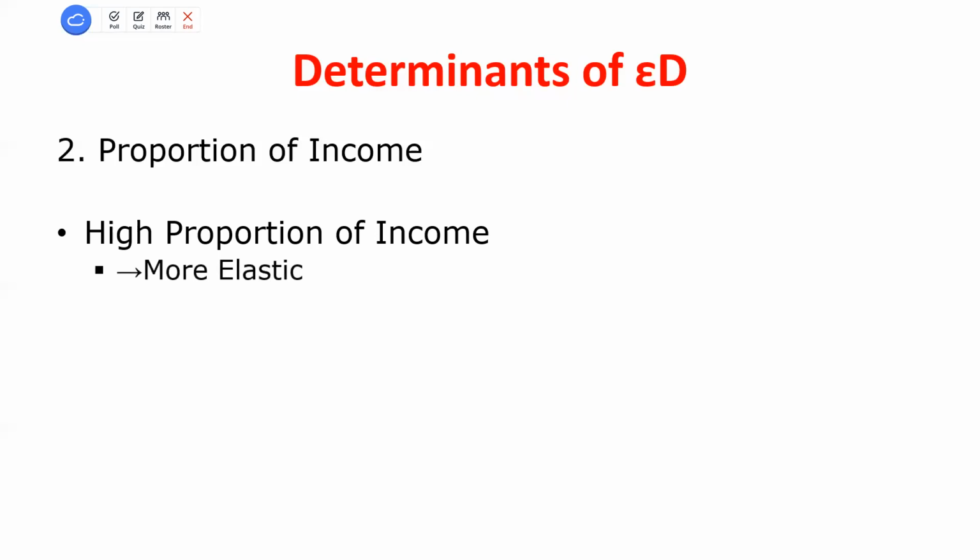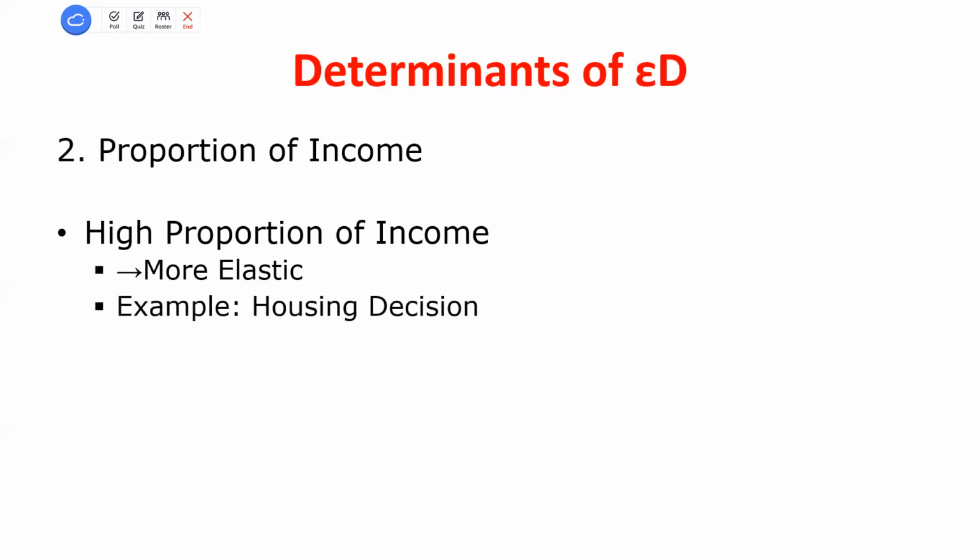So if I'm spending a higher proportion of my income on it, I'm going to be more elastic. I'm going to be a lot more responsive when I see a price change. Now, in the car example, my quantity demanded of that specific car is going from 1 to 0. I'm not probably going to buy 2 or 3 of those cars, but I'm going to go from 1 to 0, even if I saw a small percentage change in the price.